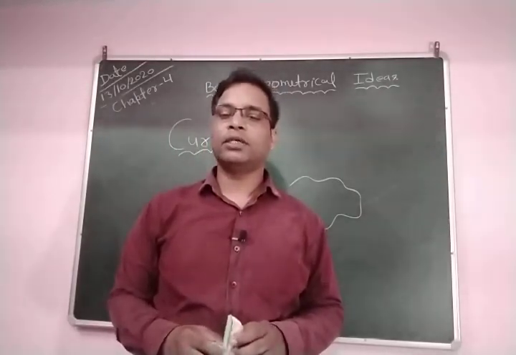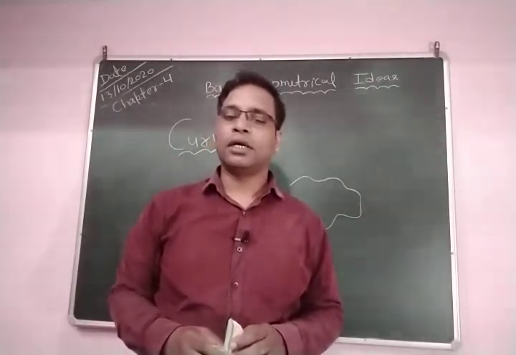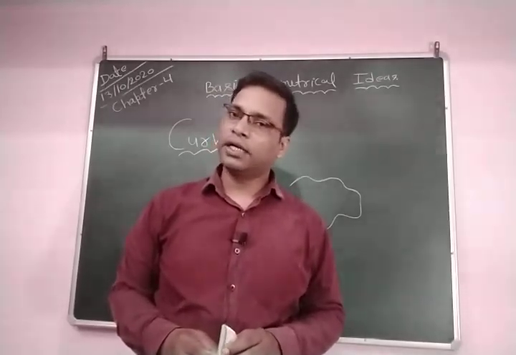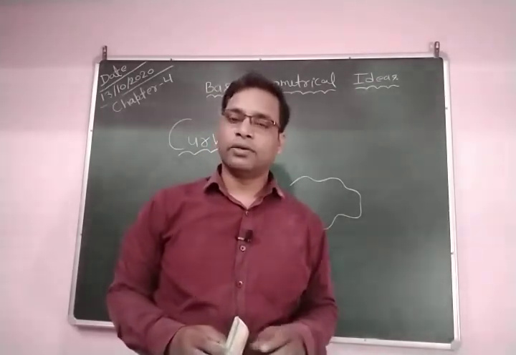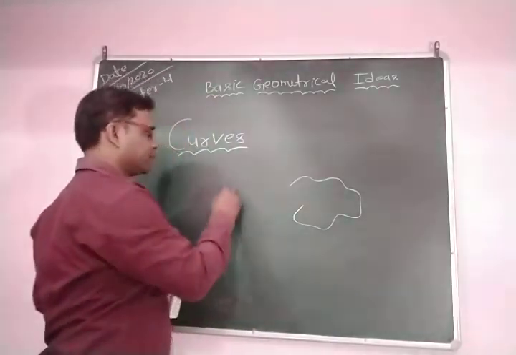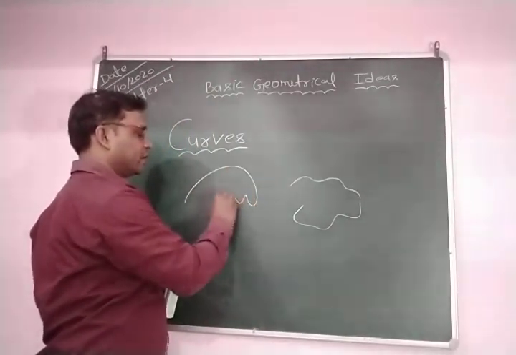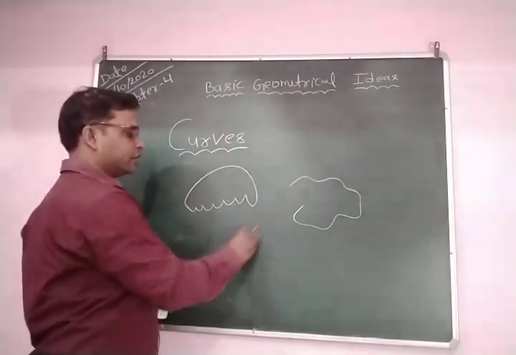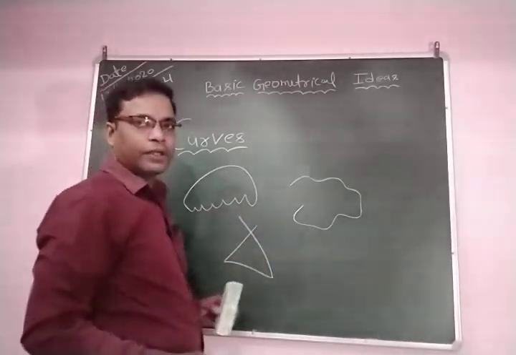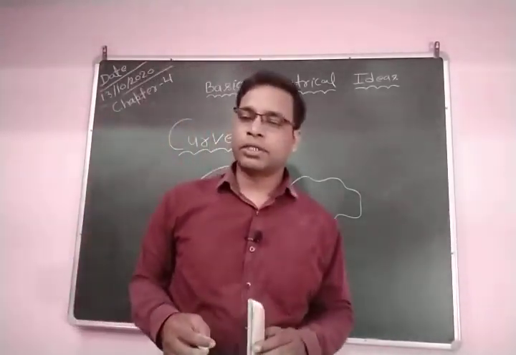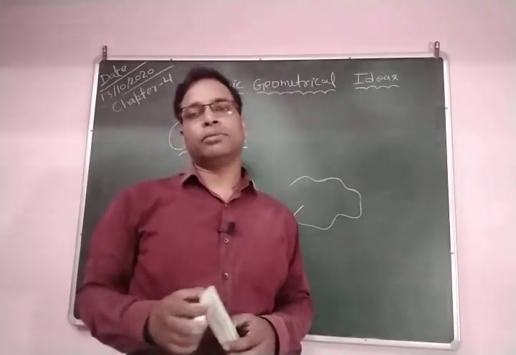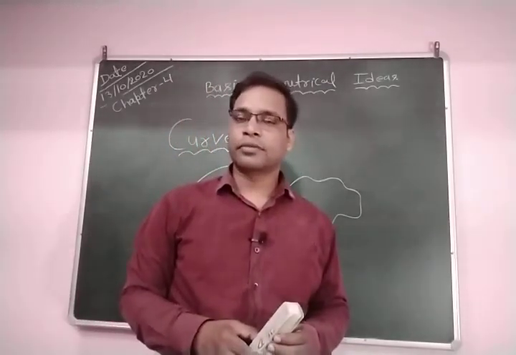The pictures that are the result of your doodling are called curves. Now this is a curve. This is the shape of a curve like this. So some curves are open curves, some curves are closed curves.